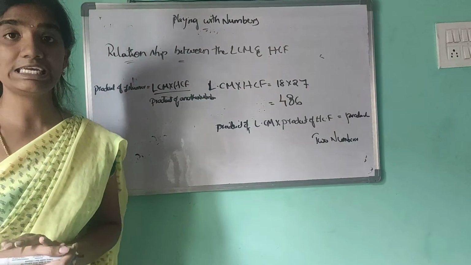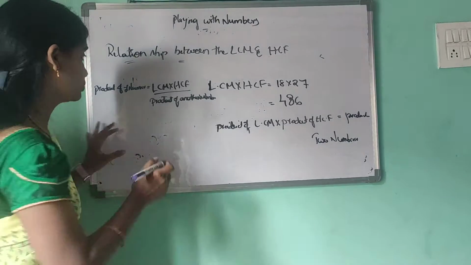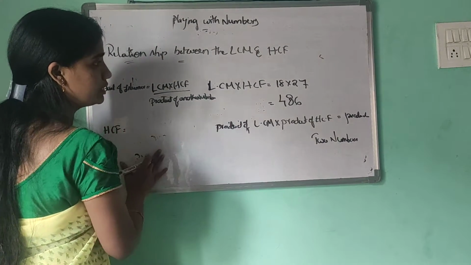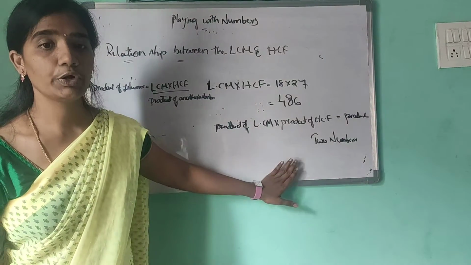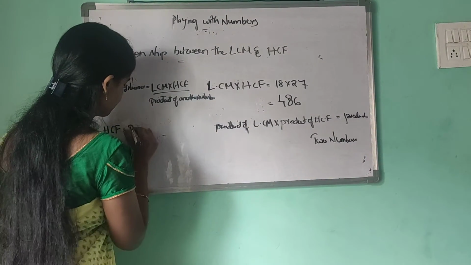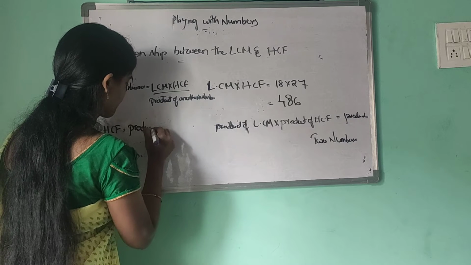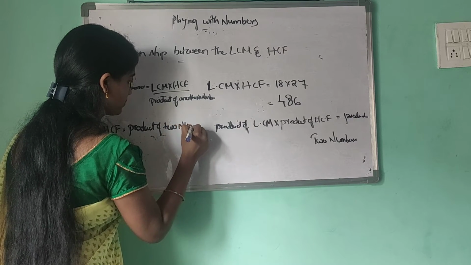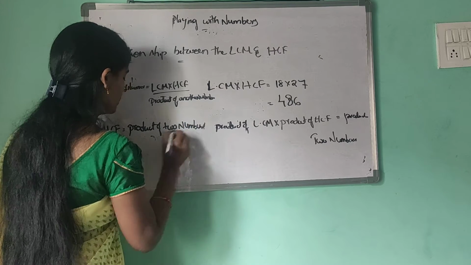If in case you have to find the HCF, what do we have to do? HCF is equal to the product of the two numbers divided by the LCM.